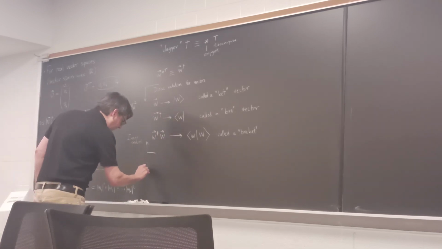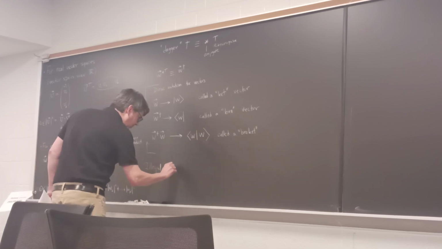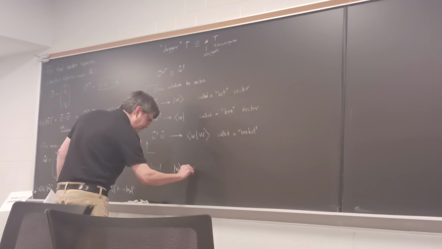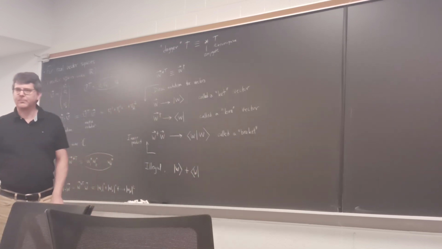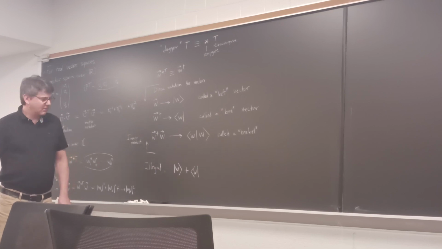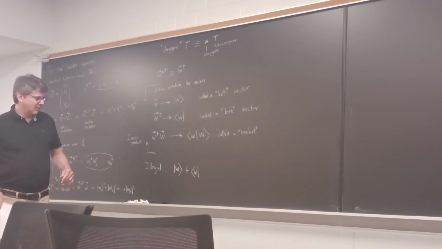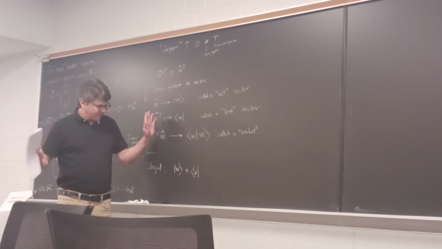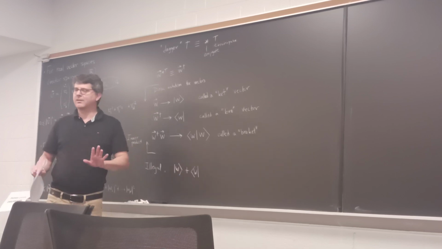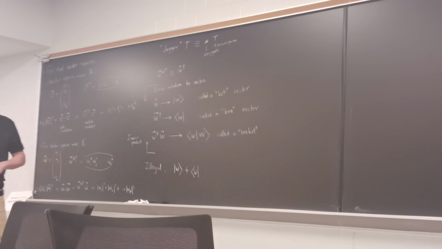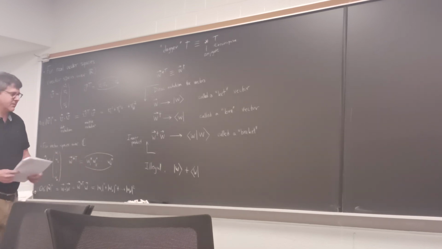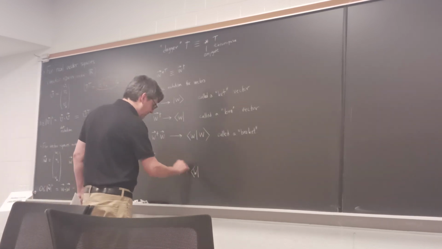Something illegal would be something like this. This makes no sense. That's because they have different dimensions, right? One is a big column, one is a row. They live in different spaces. They just don't belong together in any way. They have the same dimension, but they live in different spaces. Okay, so this makes no sense.